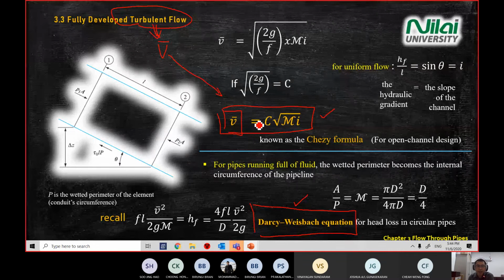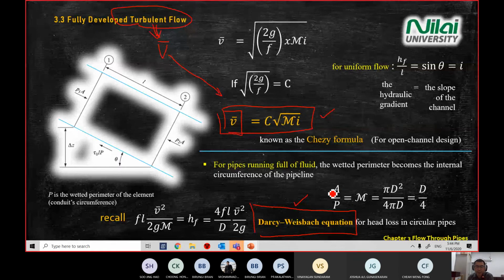Derivation of the Chezy formula, you can read my slides later on. Important for today is that you've seen what the Chezy formula is: V hat equal to C, where C is a constant value. So C is this one, square root of 2g divided by f, times square root of MI.